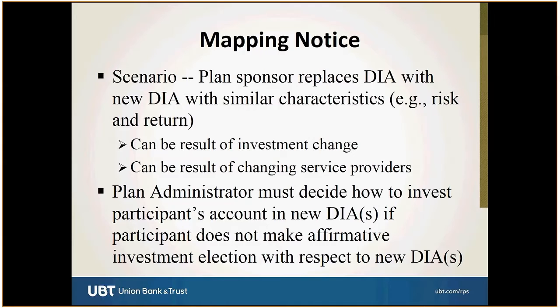And so the question is, what do you do with participant accounts when you're putting in a new fund or a whole new menu of funds available? The plan administrator needs to decide how that participant's account is going to be invested in the new DIAs if that participant doesn't make an affirmative investment election.